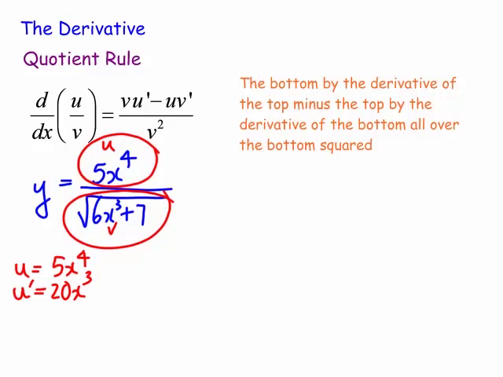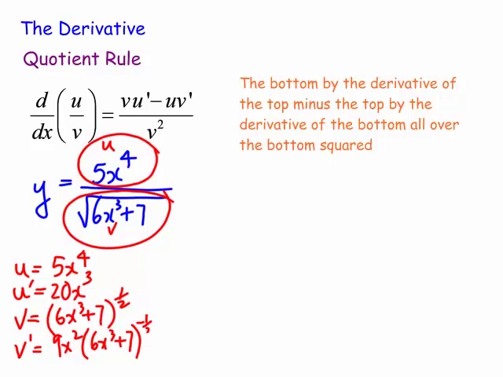Then they'd write down v is equal to, we've done this one before, (6x cubed plus 7) to the power 1/2, and its derivative, v dash, via the chain rule or function rule, which I'll just write down the end result, which is 9x squared, I think, (6x cubed plus 7) to the power negative 1/2. Now then we just apply the rule, and let's go ahead and apply the rule.